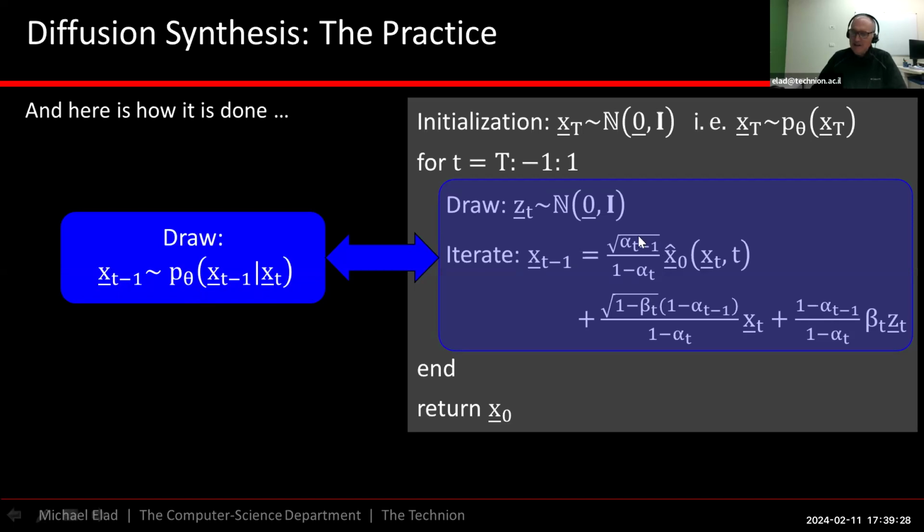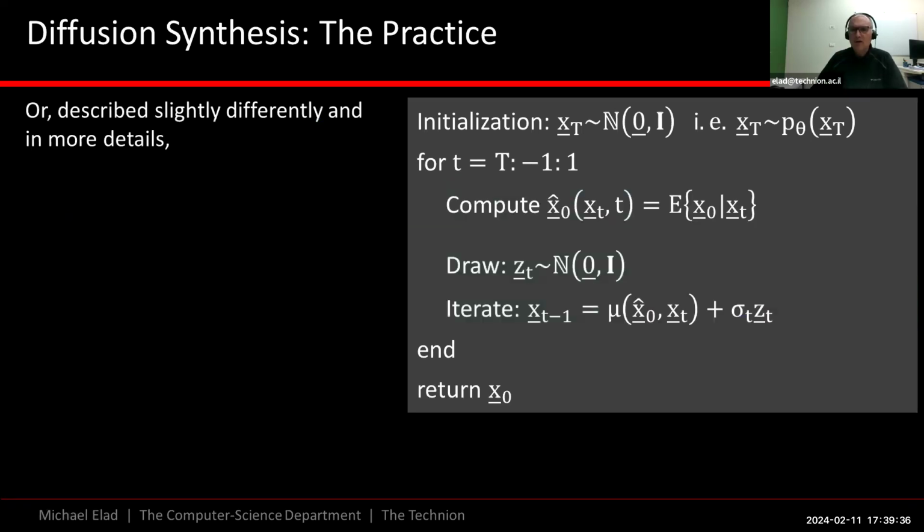Okay, but there is something delicate here. This choice of using the denoiser is annoying and delicate, and I would like to highlight it and zoom in on it. Okay, so I'm going to change the way I'm presenting the algorithm a little bit without changing anything. Here is what we do. I'm coming back again to the same story. You sample a Gaussian vector, and per each step, you take the currently held vector xt, you compute the conditional mean, basically a denoiser.